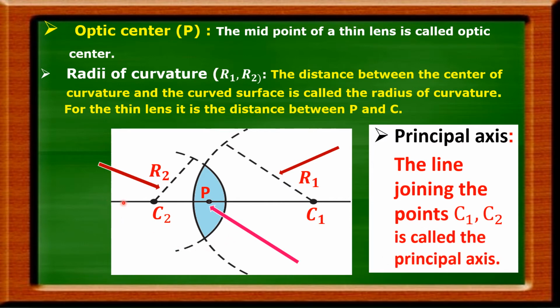Here is a line passing through C2, P and C1. A line joining C1 and C2 is called the principal axis. So a line drawn through C1, P and C2 is called the principal axis. Okay. So this one is the principal axis.